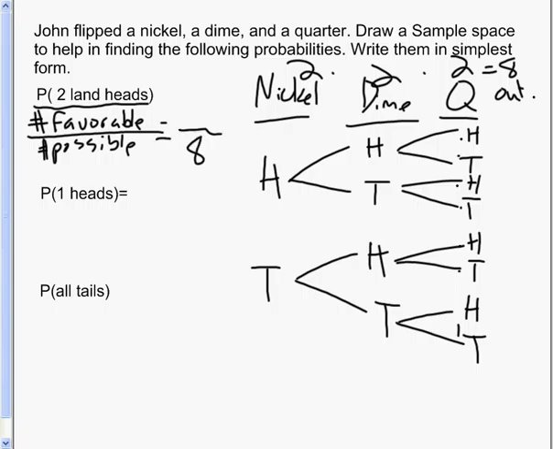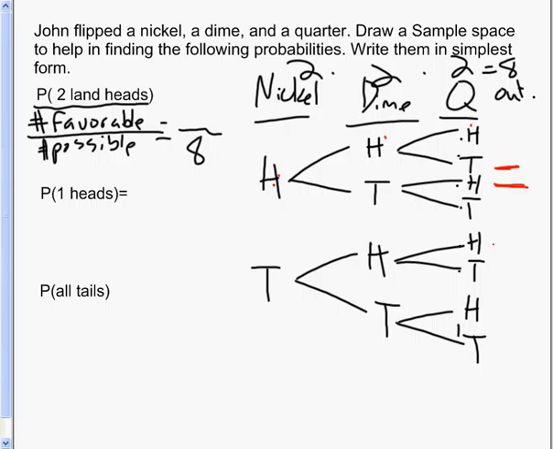Now how many favorable ways do I have of exactly 2 landing heads? Going along my branch, I have heads, heads, heads. Doesn't work. Heads, heads, tails is exactly 2 heads, so I'll put a little dash by it. Heads, tails, heads is also 2 heads. Heads, tails, tails will not work.